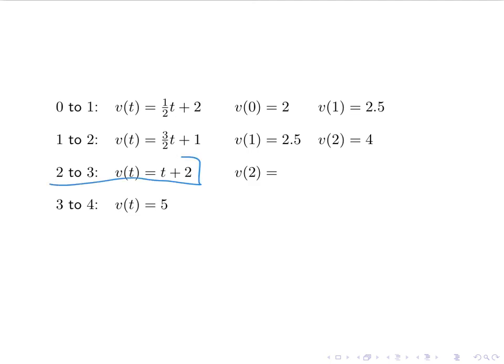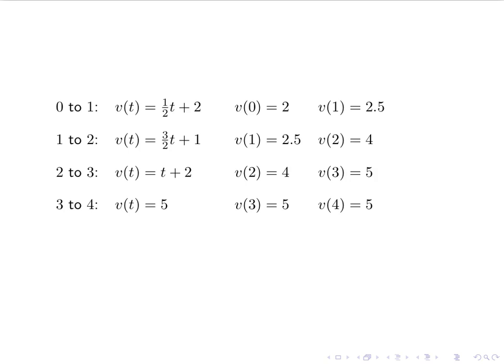When I plug in 2 down here, I'm also getting 4, 2 plus 2, so that's good. And then I'm going to plug in 3. 3 plus 2 is 5, which is great because I know everywhere from 3 to 4 is also 5. So v of 3 is 5, v of 4 is 5.